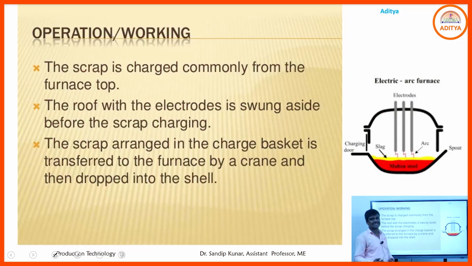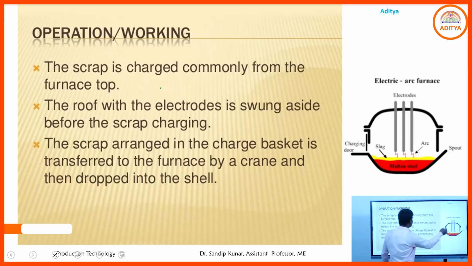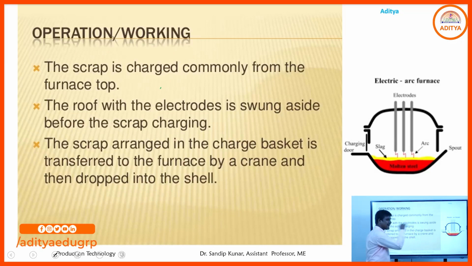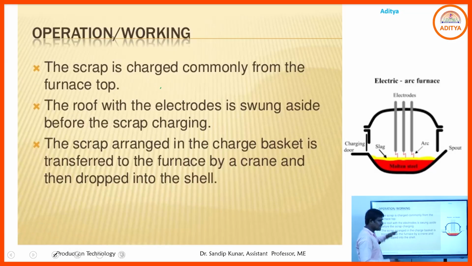What is the operation of the electric arc furnace? First, scrap is charged to the furnace commonly from the top. During the pouring of metal scrap, we keep the electrodes aside.